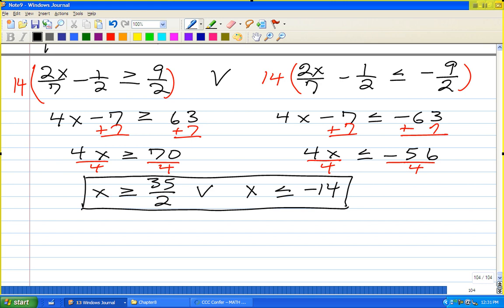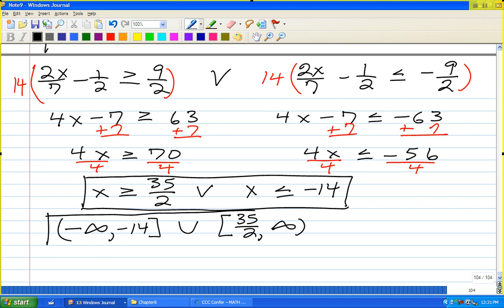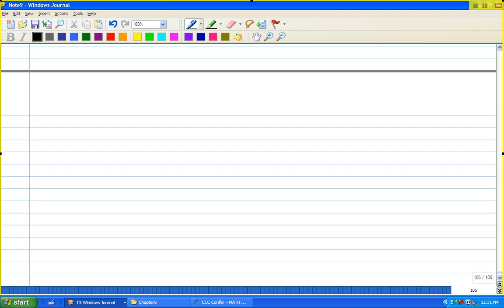And so this is the closed interval from negative infinity to negative 14, union the closed interval from 35 halves to infinity. Let's draw this.